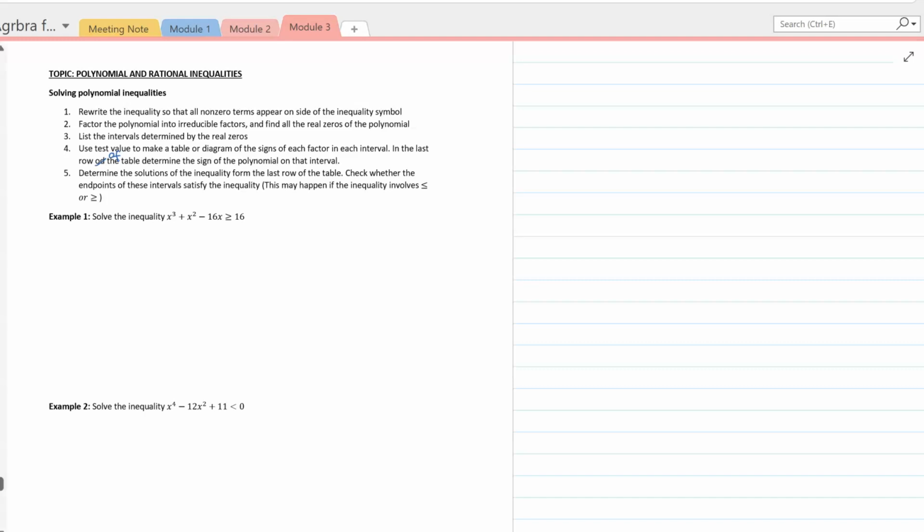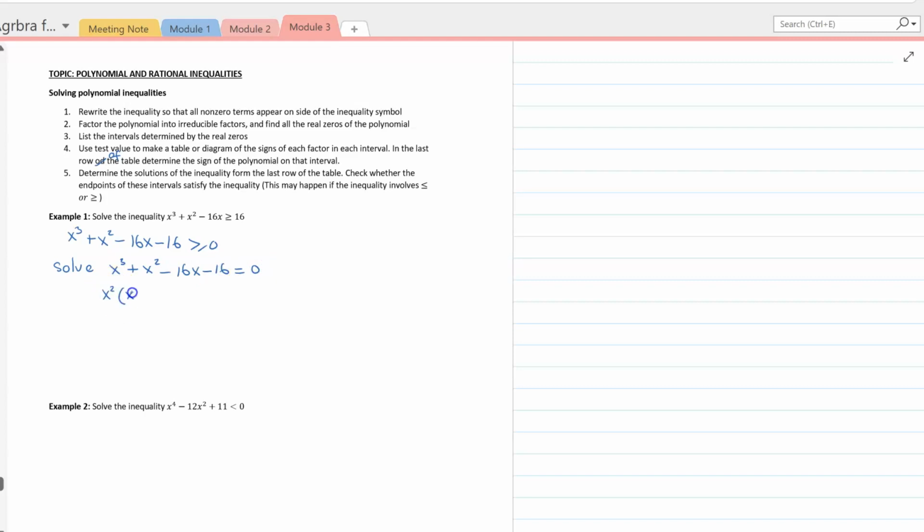So first, example 1: x to the third plus x squared minus 16x greater than or equal to 16. First we move everything to one side of the inequality to get x to the third plus x squared minus 16x minus 16 greater than or equal to 0. We go ahead and solve this equation: x to the third plus x squared minus 16x minus 16 equal to 0.